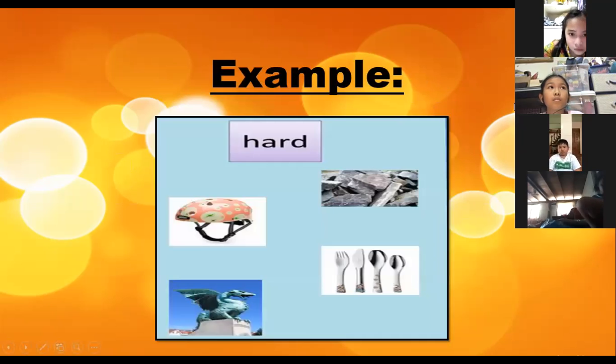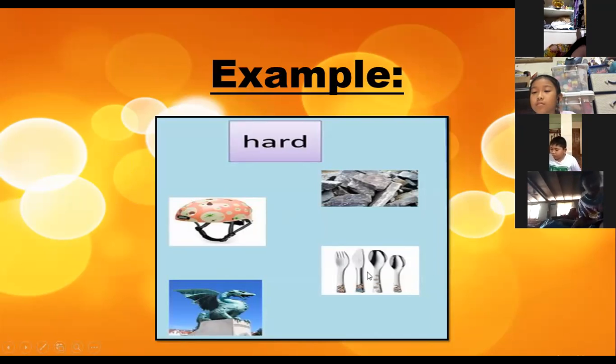Okay, examples of materials having these properties are stone or rocks. This one is a helmet. A helmet is also an example of a material which is hard. And a statue is also hard.